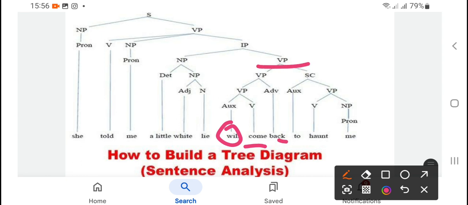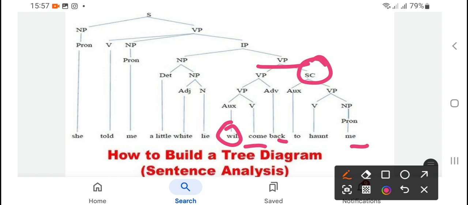So this verb phrase here, noun phrase and verb phrase, that is inflectional phrase, is again divided by noun phrase, then verb phrase, and this is the verb phrase, right? And that is subjective complement, that is to haunt, right? To haunt me, so me is pronoun, but to is auxiliary, right?